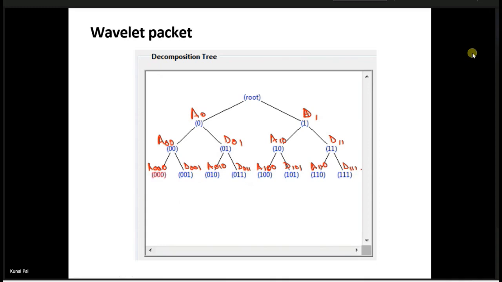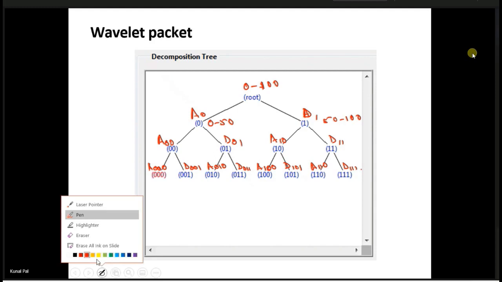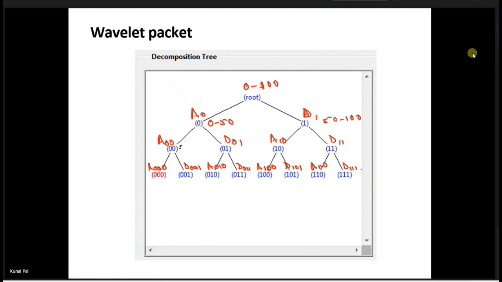Everywhere, if it is 0 to 100, here we got 0 to 50, 50 to 100. Let me use the black pen. So 0 to 25, 25 to 50.